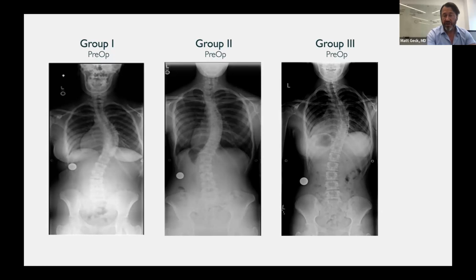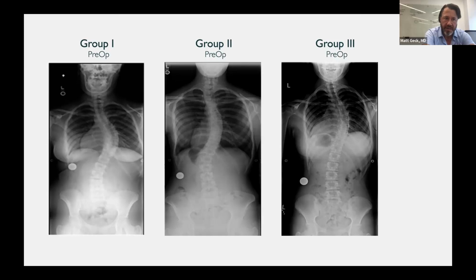But in skeletally immature patients, we have bracing, and now we have potentially tethering, which is a growth harnessing surgical corrective technique that's a little bit less invasive, but has uneven data.